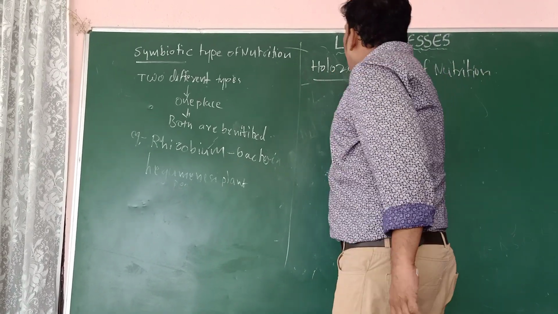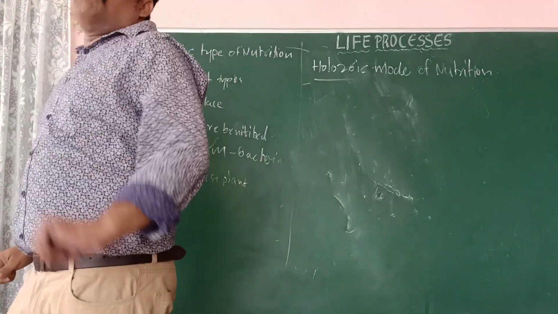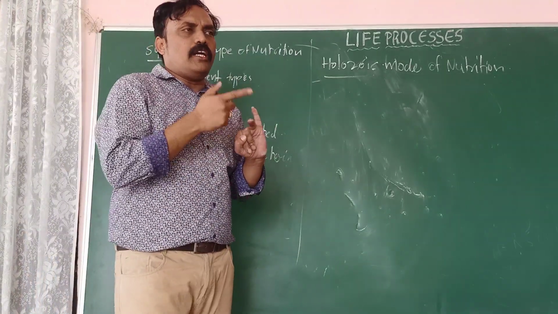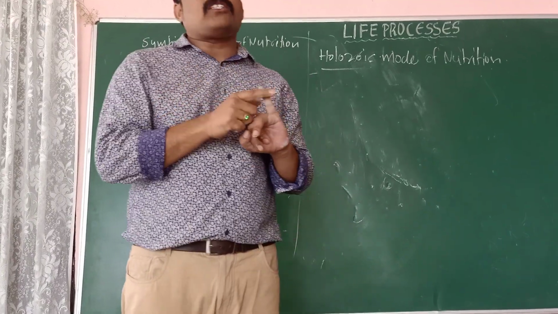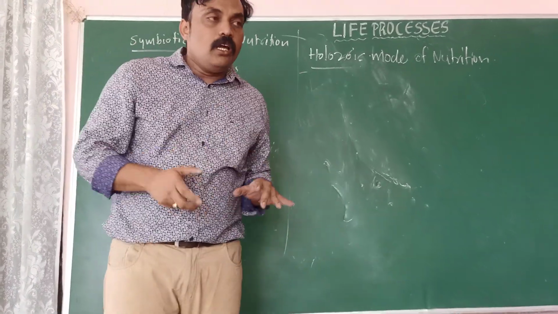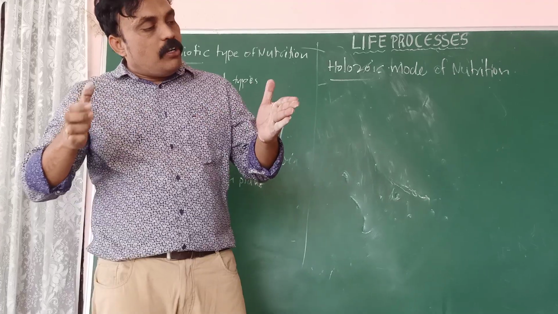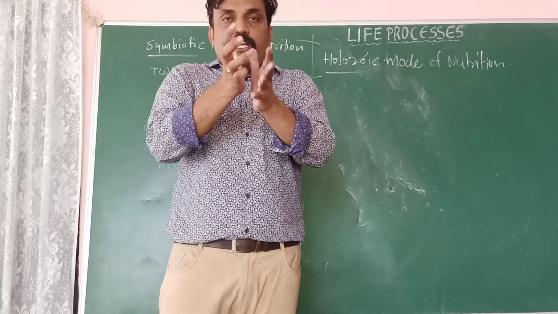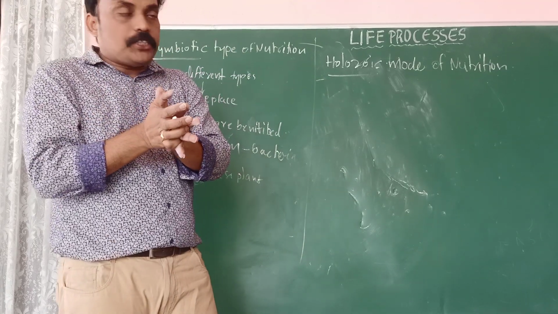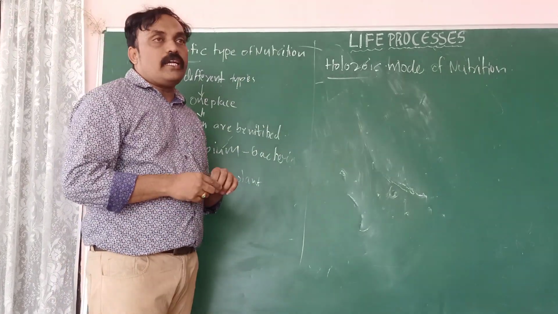Already we learnt about saprophytic organisms, which grow on dead and decaying places. Parasitic organisms live in a living body. In symbiotic nutrition, two different types of living organisms live in one place and both are benefited, which is called a symbiotic relation. Then next, holozoic type of nutrition.